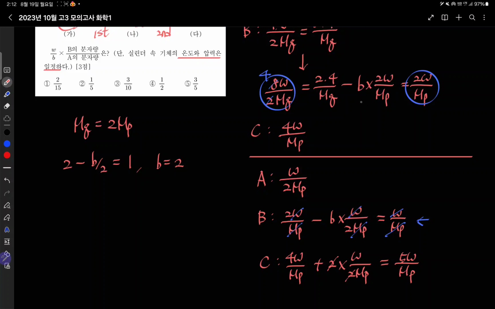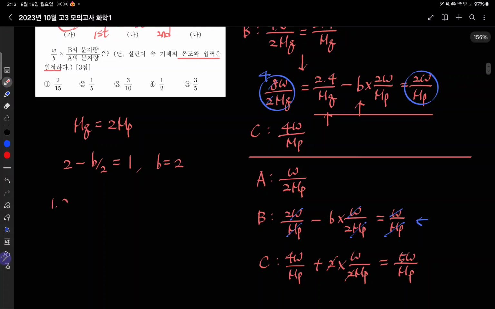So if we change the coefficient b to 2, and MQ to 2 times MP, this equation changes to 1.2 over MP minus 4 times W over MP.